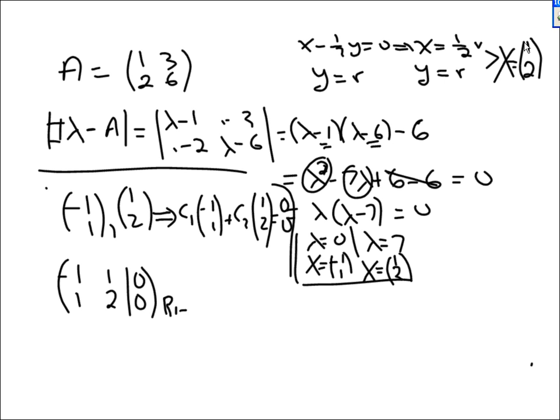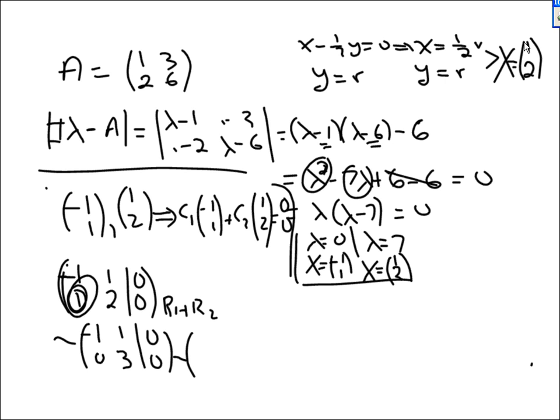Well, if I add the two rows, I'll get a 0 right there. So the first row did not change. When I add, I get 0, 3, 0. If I divide the second row by 3, I get that.